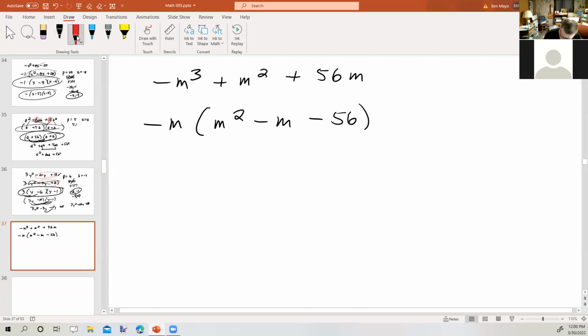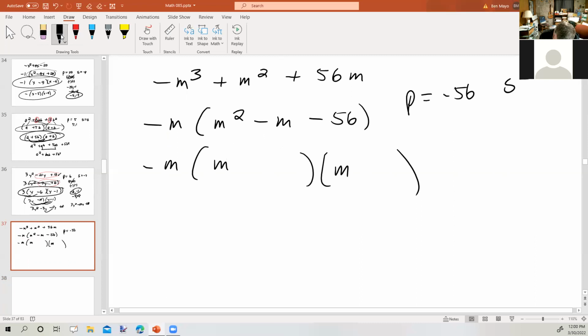Okay, let's make sure we've done that correctly. That's minus m cubed plus m squared plus 56m. Okay. So now let's factor this thing further. Product is negative 56.